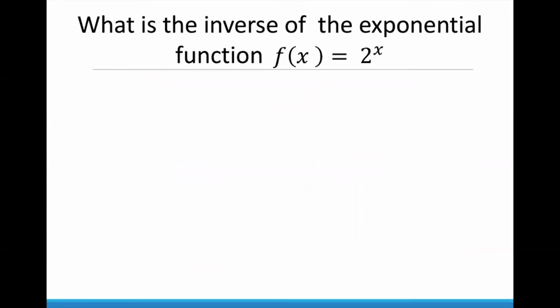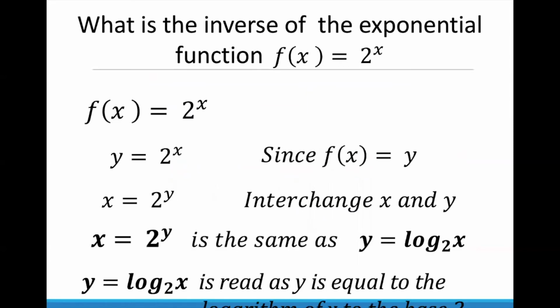This time, recall the inverse of the exponential function. This is the same as y equals 2 raised to x, since f of x is equal to y, and x equals 2 raised to y by interchanging x and y. Solving for y, this is the same as y equals log of x to the base 2, which is the basic logarithmic function.